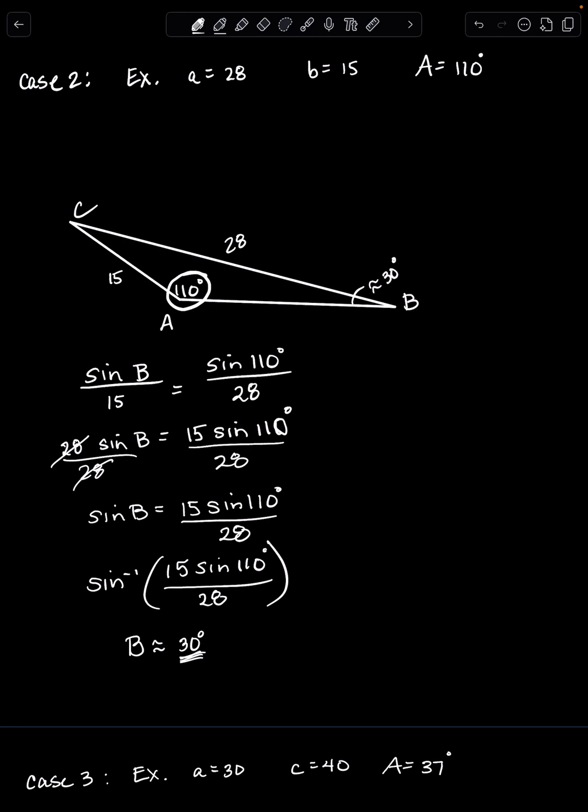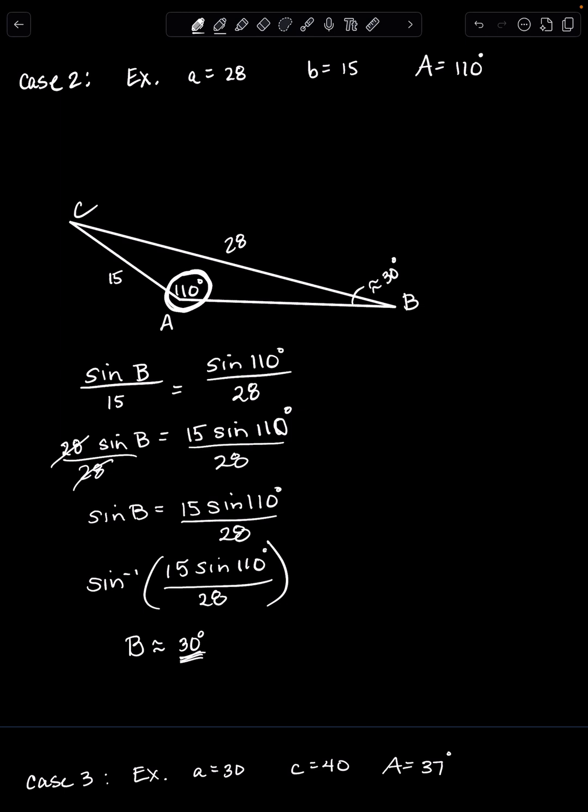However, in this case, it can't be in quadrant 2, because if it were, that would mean it's obtuse. Well, I already have my obtuse angle, so the only choice I have here is for B to be 30 degrees. All right, so this is only going to make one triangle.